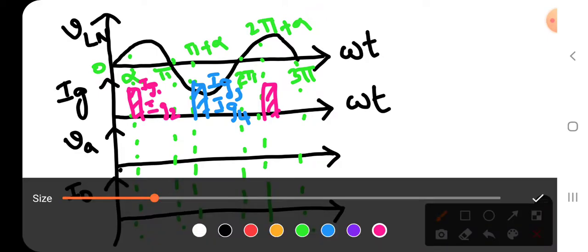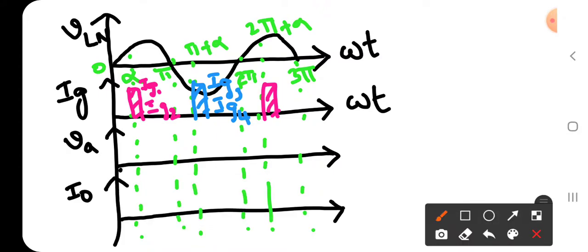Then what happened to the output voltage? From alpha to pi, the output voltage is the same as the input voltage. Therefore I draw the output voltage like this. From pi to pi plus alpha also, the output voltage is the same as the input voltage. Next, from pi plus alpha to 2 pi, the output voltage is the mirror image of the input voltage.